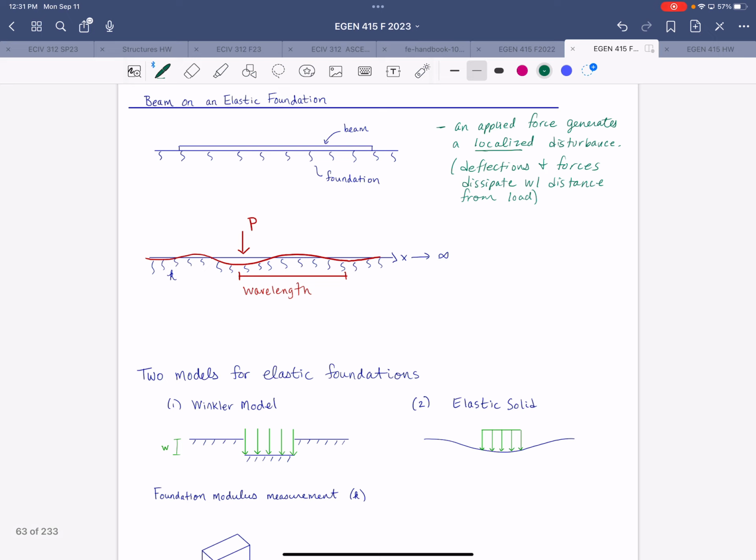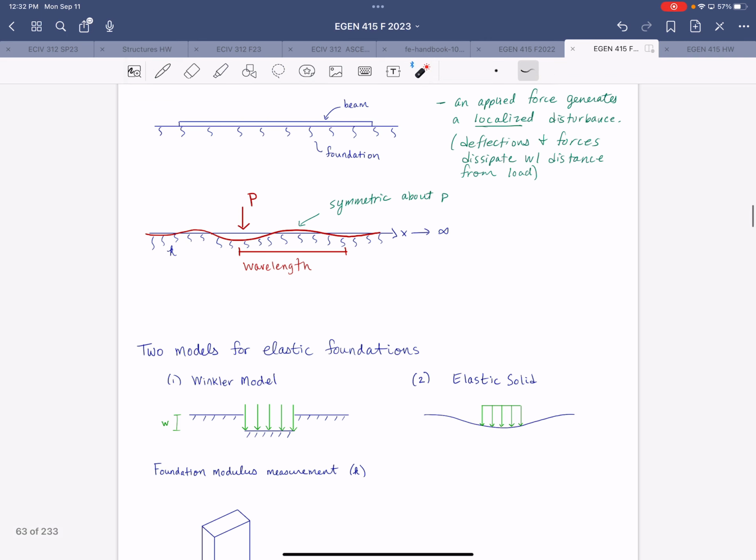You can see a sketch here. Technically, theoretically, the deflection would be symmetric about the applied load. I didn't draw it perfectly. And this lowercase k is the symbol we use to represent the foundation stiffness, or the foundation modulus.